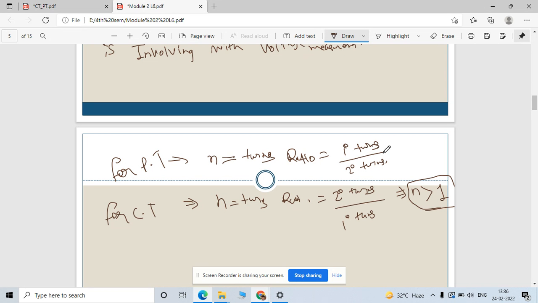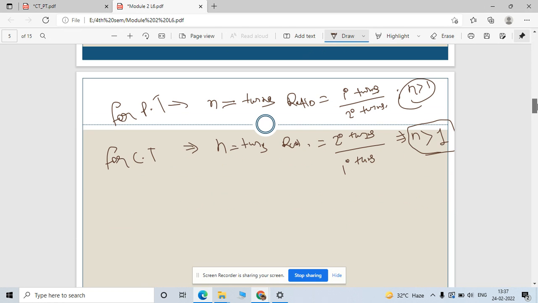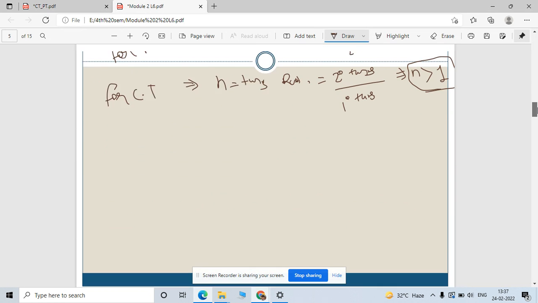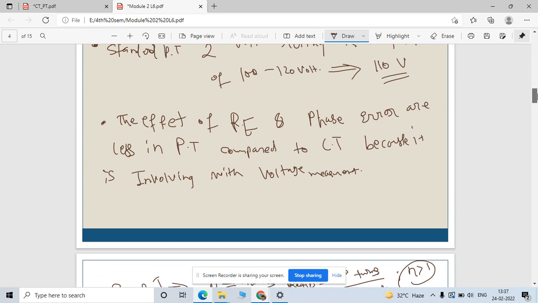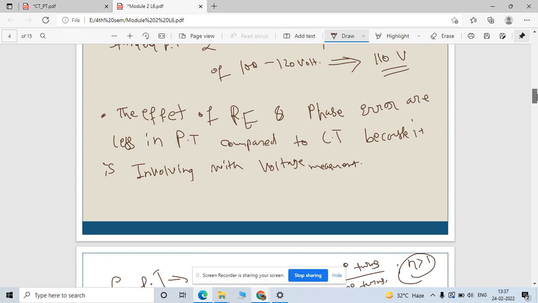Step down transformer. Then also the primary turns are more compared to the secondary turns. So this also increases by one. Okay, so this is here for the CT type.